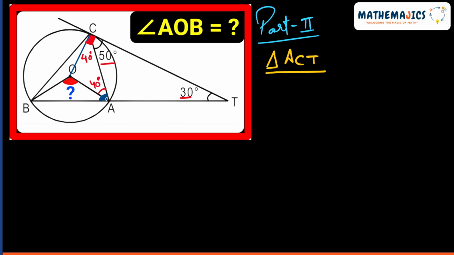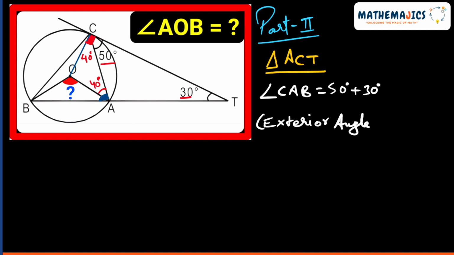Correct? Yes or no? So let's write it down. Angle CAB is equal to 50 degree plus 30 degree. Why? Because we are using exterior angle property. Exterior angle property in this case. Yes. So angle CAB will turn out to be 80 degree.